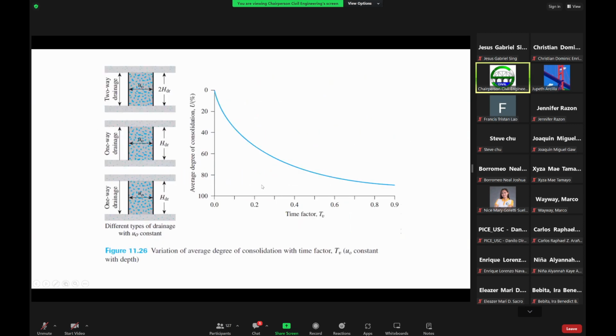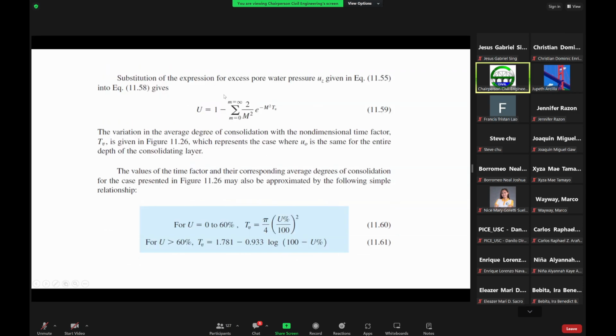So this is the graph of the average degree of consolidation with respect to the time factor given by this equation here.